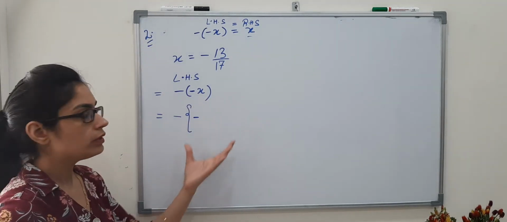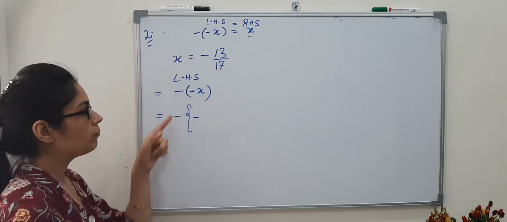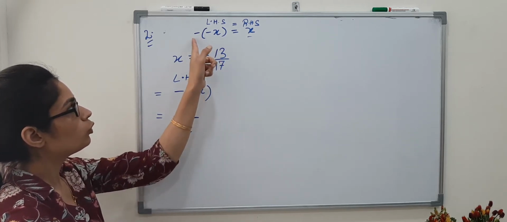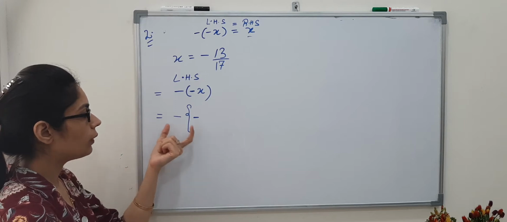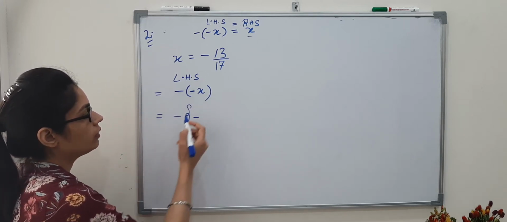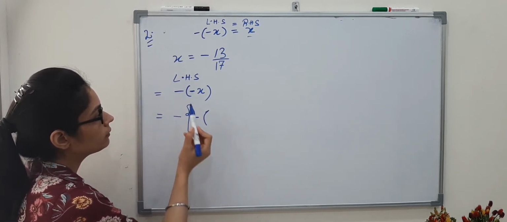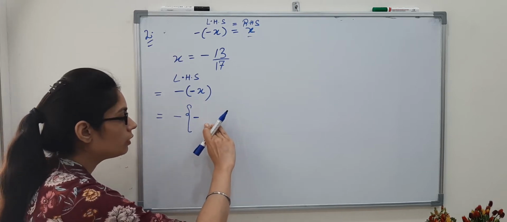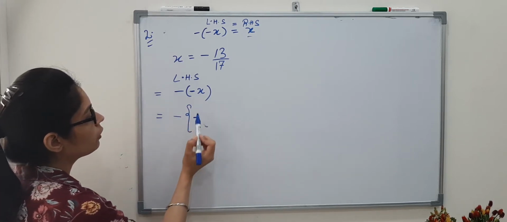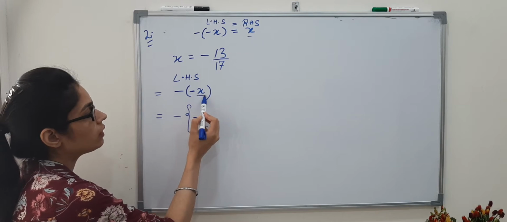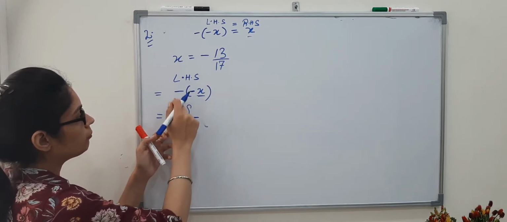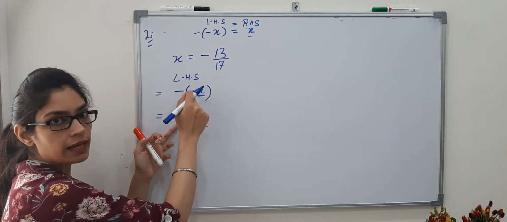Whatever is written, you just have to write the things the same way. They have told us to write two minus signs, so I have written two minus signs. Now I have to put a bracket. See, if you don't want to put it, leave it. But don't get confused, because our x is again in minus form. One minus I have written here, another minus I have written here.